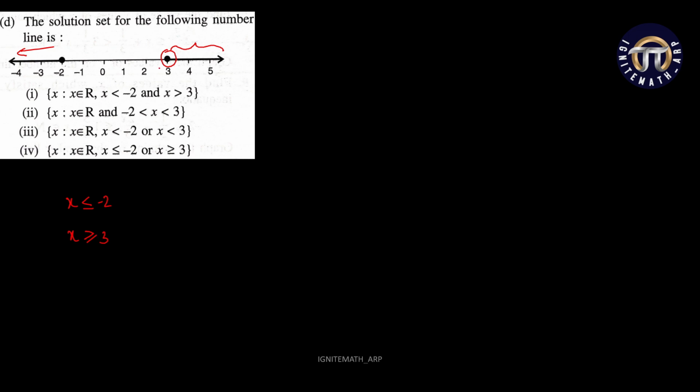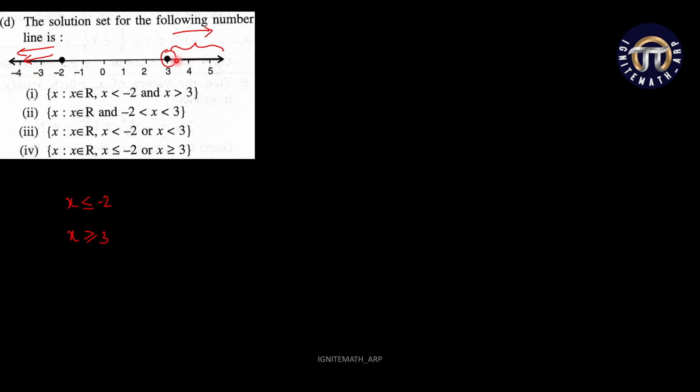Clear? So what is the meaning of darkening the line on the right side and on the left side as well? So x will satisfy these values as well, and it will satisfy these values as well. So means what?